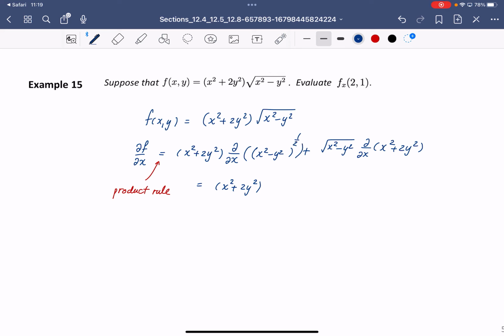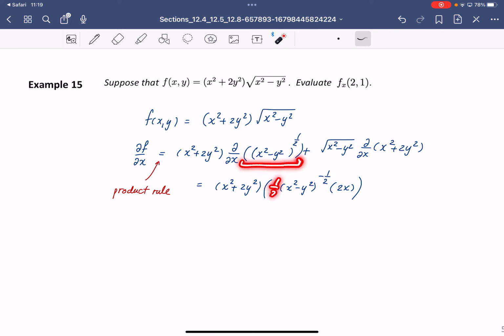So it's going to be 1/2 times x squared minus y squared raised to the negative 1/2, and then you differentiate the inner function with respect to x. So you're going to get 2x. You follow that? This is like the function inside here. So you're going to do the chain rule.